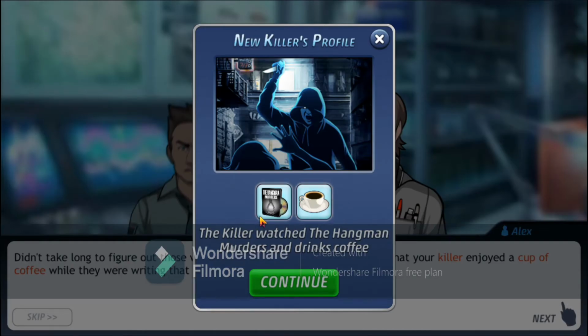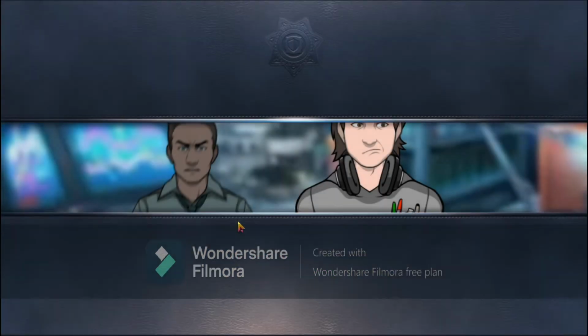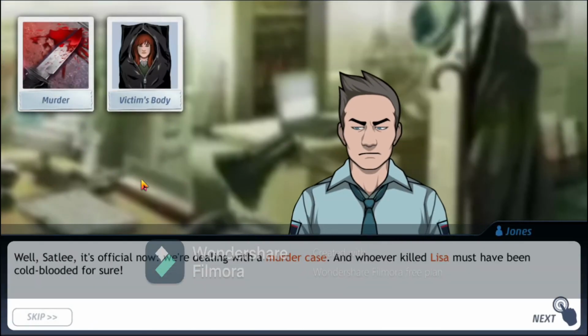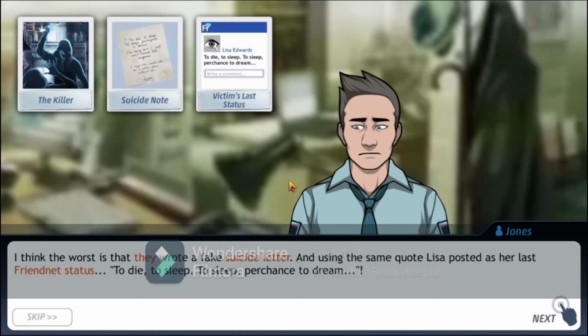The second suspect, or should I say the second candidate, that would most likely kill Lisa Edwards would be Tess Goodwin. By looking at it, it seems that Tess Goodwin is very obsessed when it comes to criminology and all that stuff.